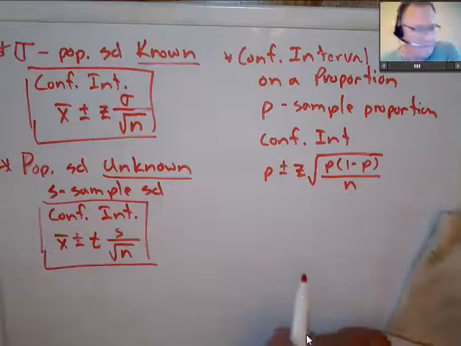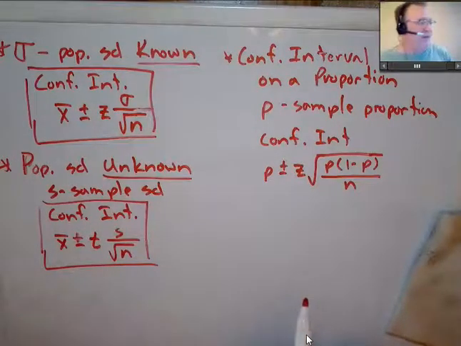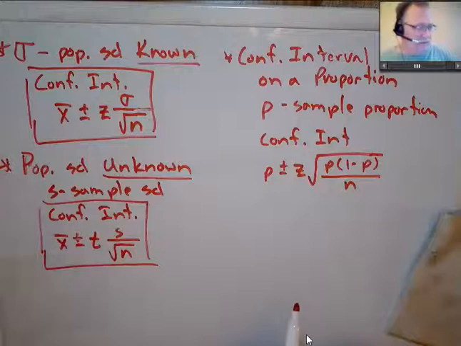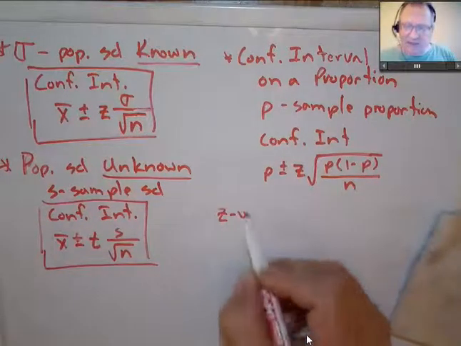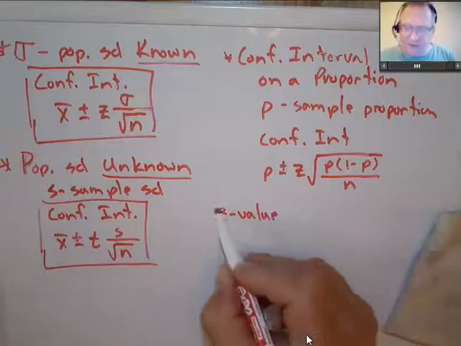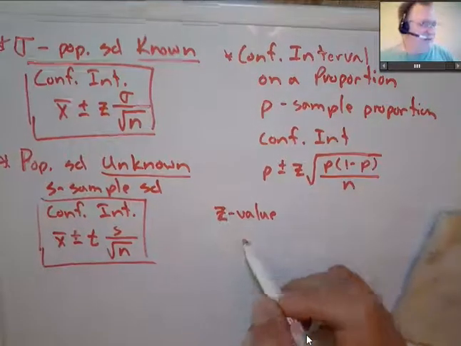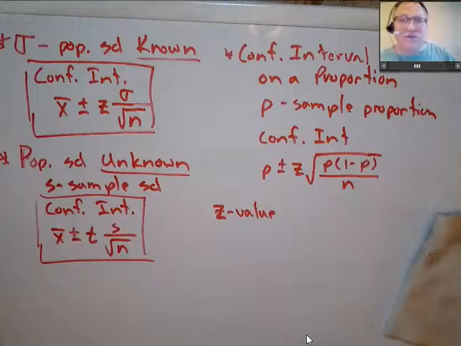Okay. Let's see, what else do I want to say? I want to first point out z-values and where we're going to get those. Z-values, there is a table on page 359 in your text.